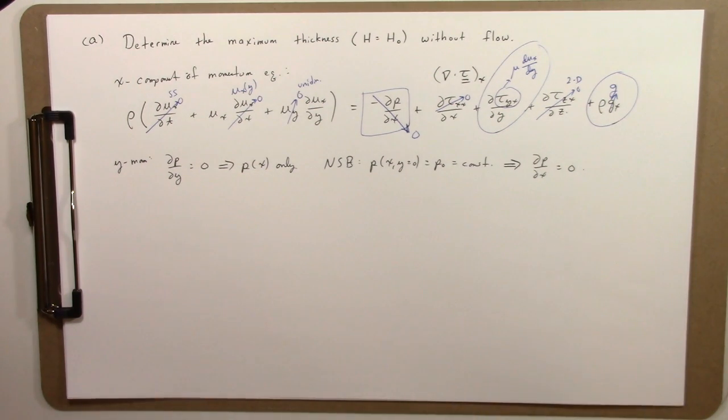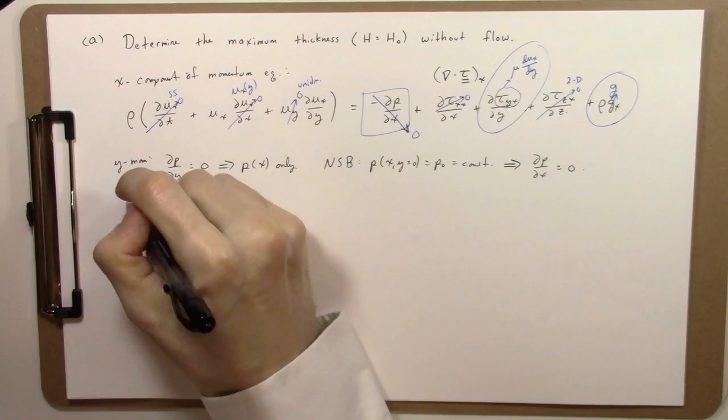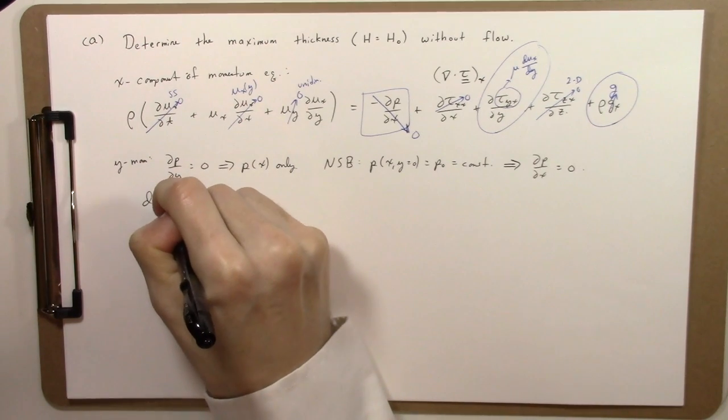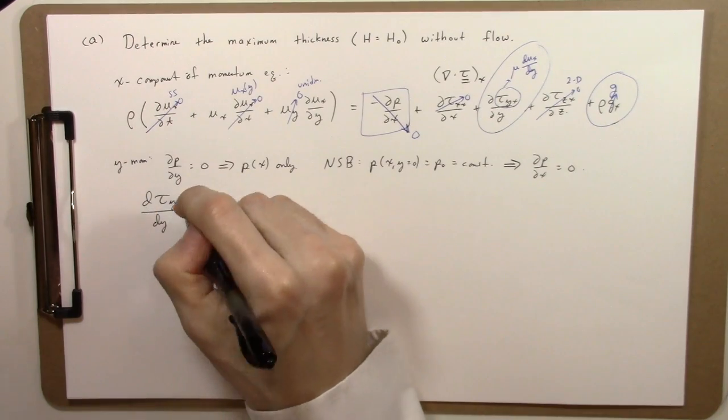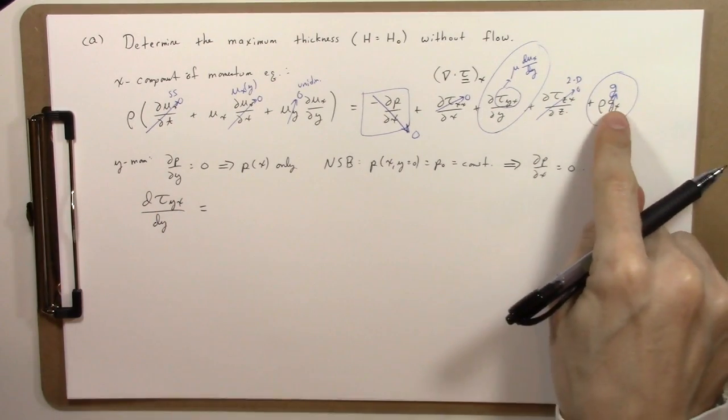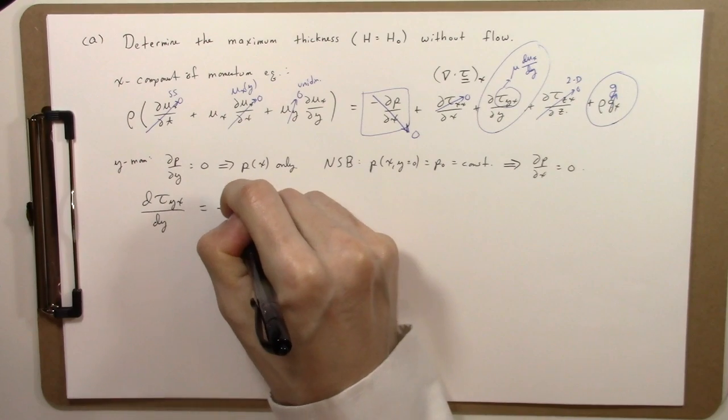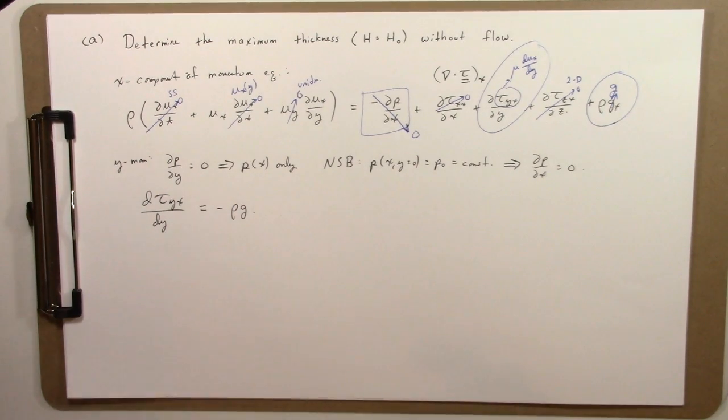So we have a simplified momentum equation now. We have d tau yx dy is equal to, if we bring this rho g to the other side, we get minus rho g. So that's our simplified momentum equation.